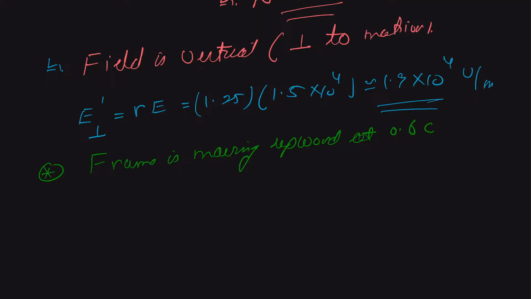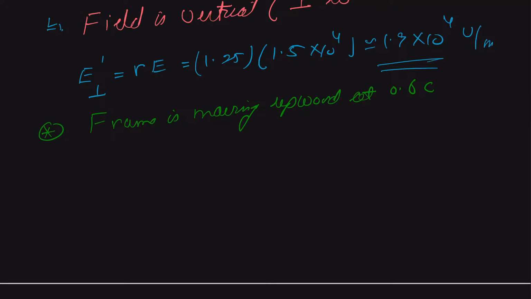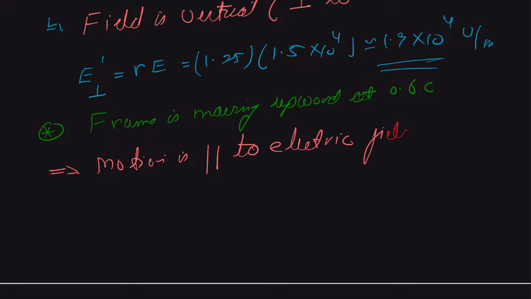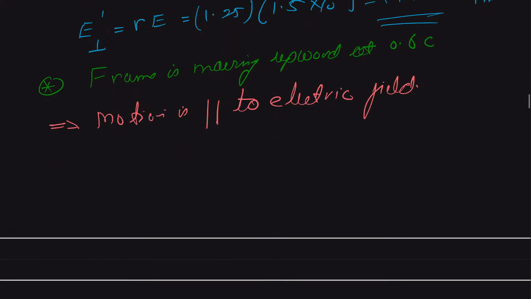So we can say that the motion is parallel to our electric field, and therefore only the vertical dimension, specifically the separation, is going to change or contract, and the other dimensions, that is length as well as breadth, are not going to change.